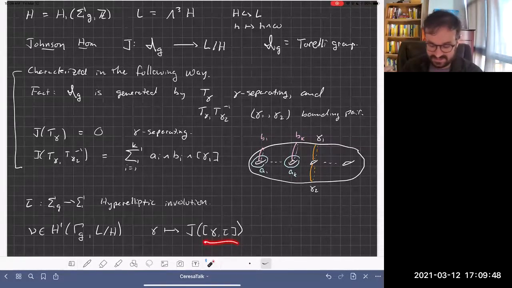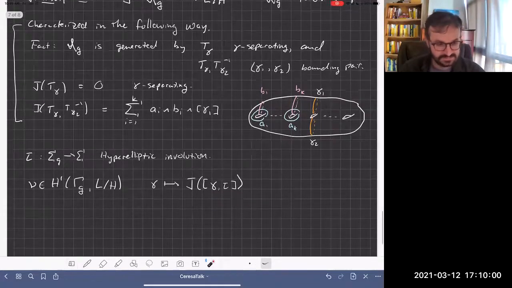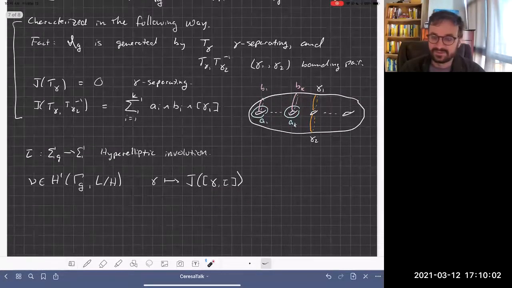That means this commutator acts trivially on homology and therefore lives in the Torelli group, so we can apply Johnson to it. Now this is sort of like a universal Ceresa class.